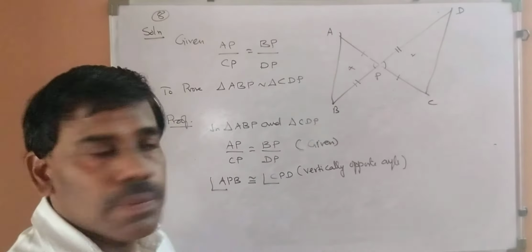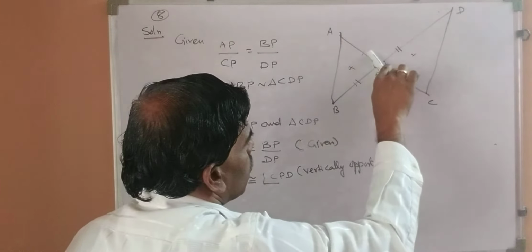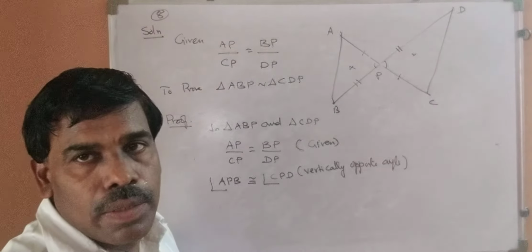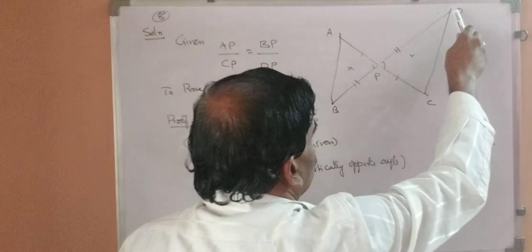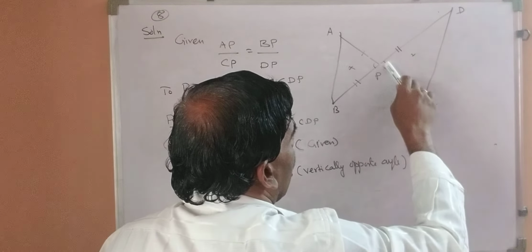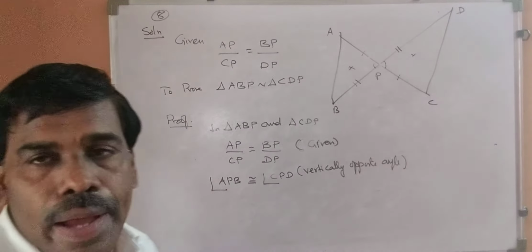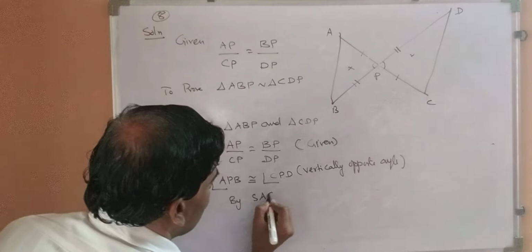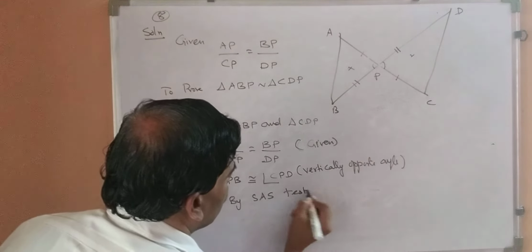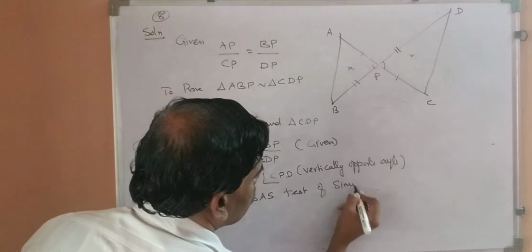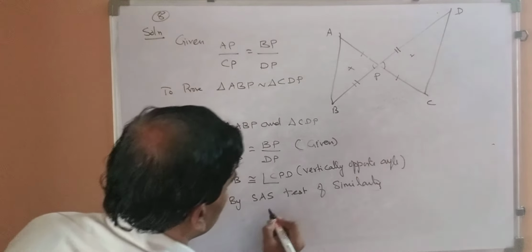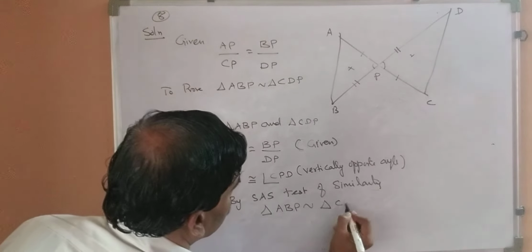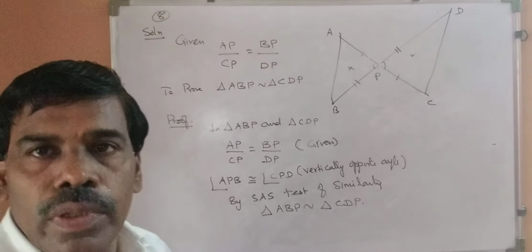Now look at this. Yes, this is side, angle, side of one triangle in proportion with side, angle, side of the second triangle. Therefore, by SAS test of similarity, these two triangles are similar. That's all. Followed?